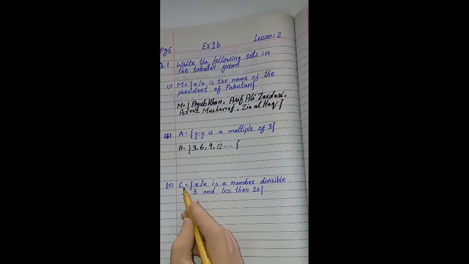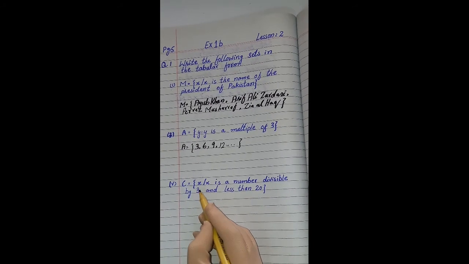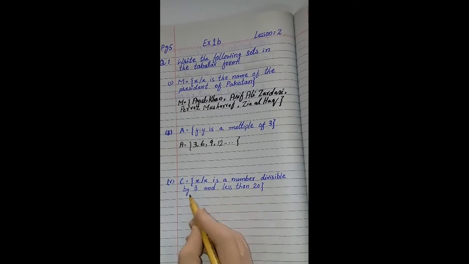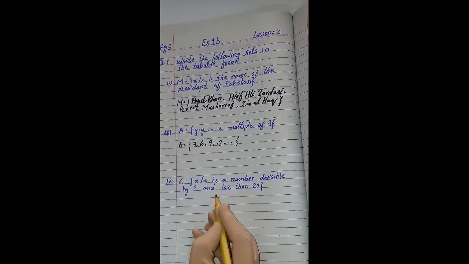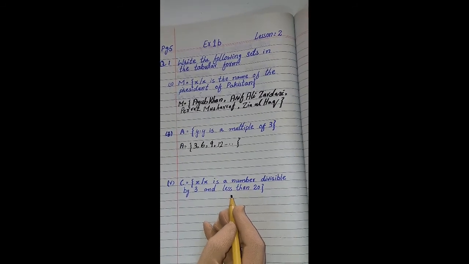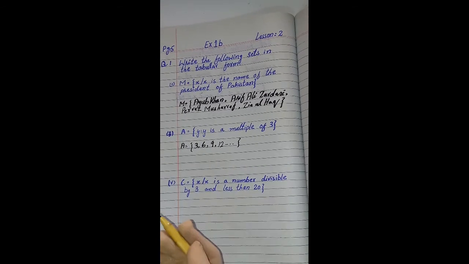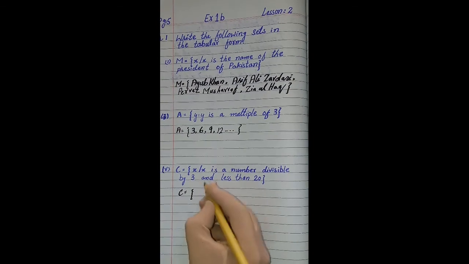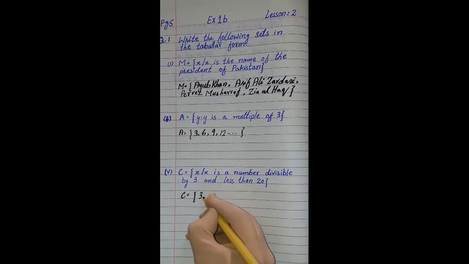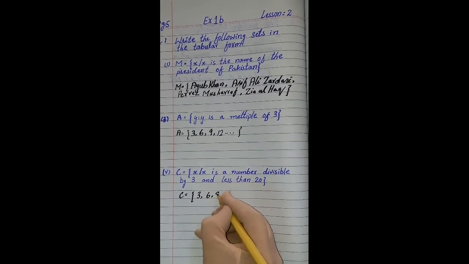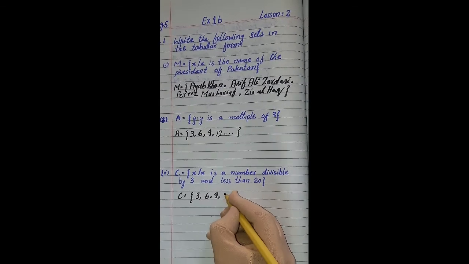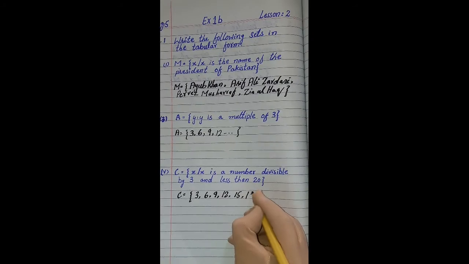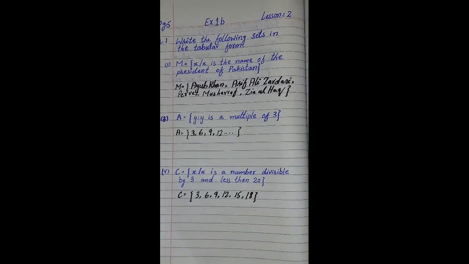C. The set C has an element of X where X is the number divisible by 3 and less than 20. See this: 3, 6, 9, 12, yes, 15, 18, right.